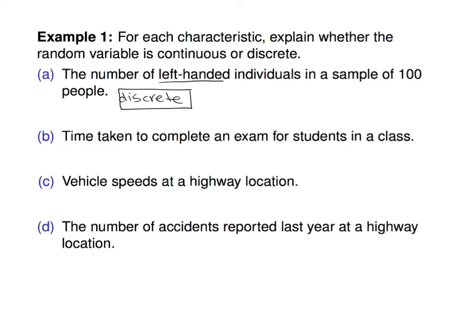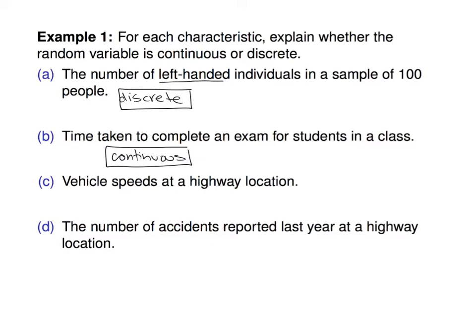Time taken to complete an exam for students in a class. Well, you could take 55 minutes and 31.7839246275 seconds. Anyhow, this is continuous. Vehicle speeds at a highway location.